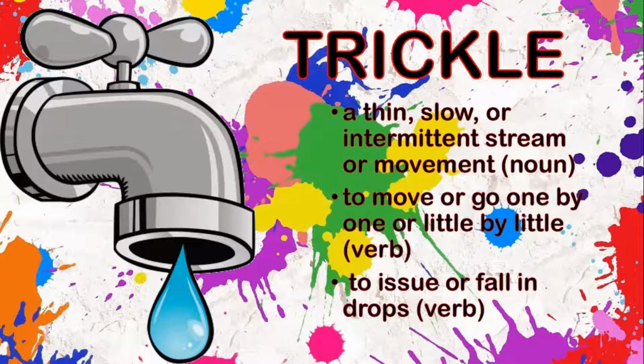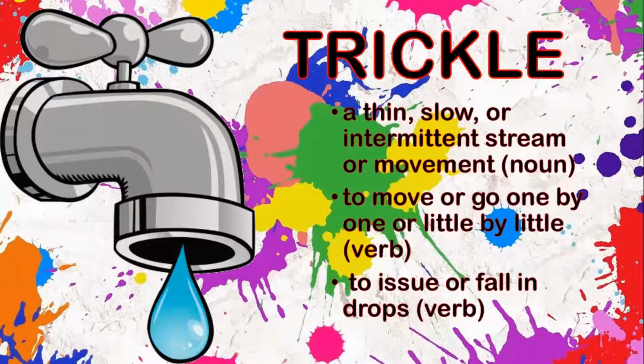Trickle is a word that, when we look it up, has three possible definitions. One definition is a thin, slow, or intermittent stream or movement, and when you use that definition, it functions as a noun. Another definition is to move or go one by one or little by little, and when we use that definition, it is a verb.